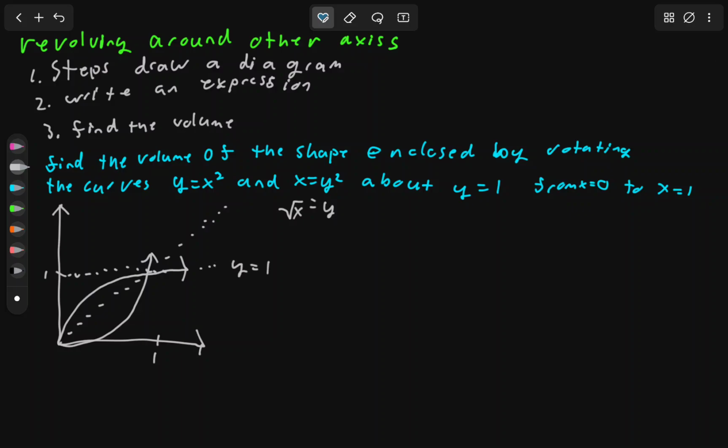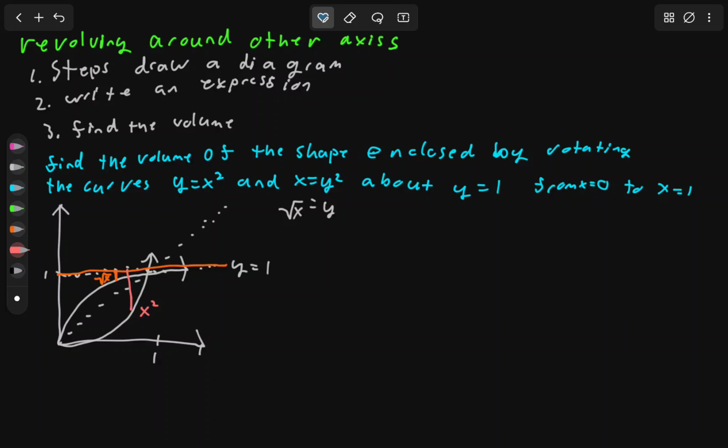So what we have to do is find our inner radius and our outer radius with respect to this line. In this case, our inside radius is going to be the square root of x. Our outside radius, or our greater radius, is going to be x squared.